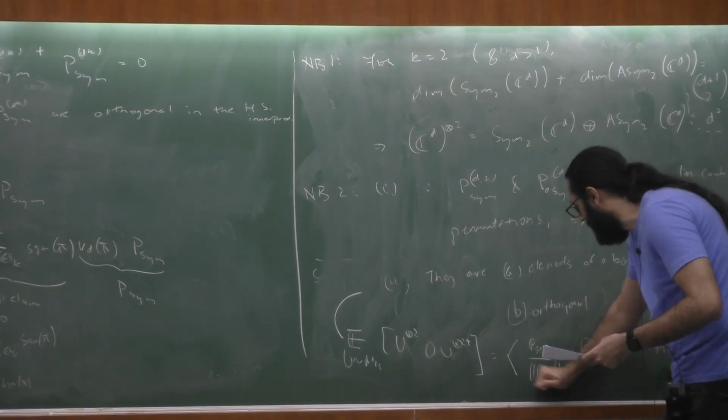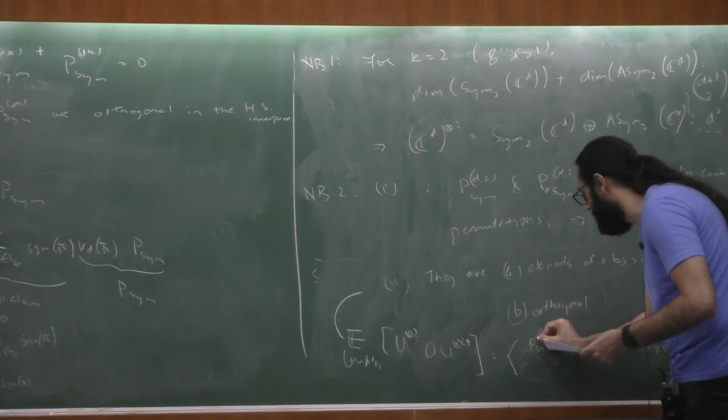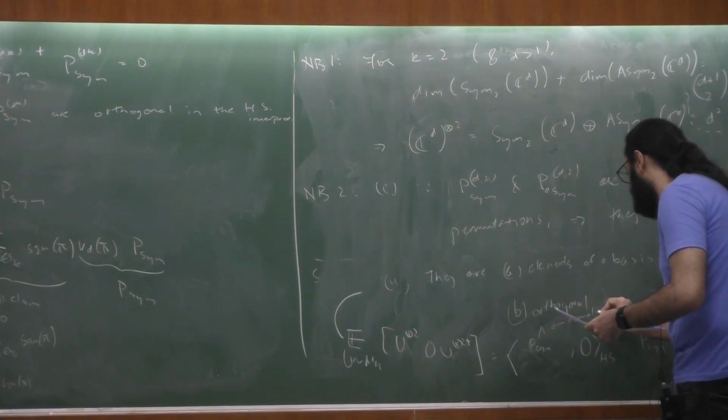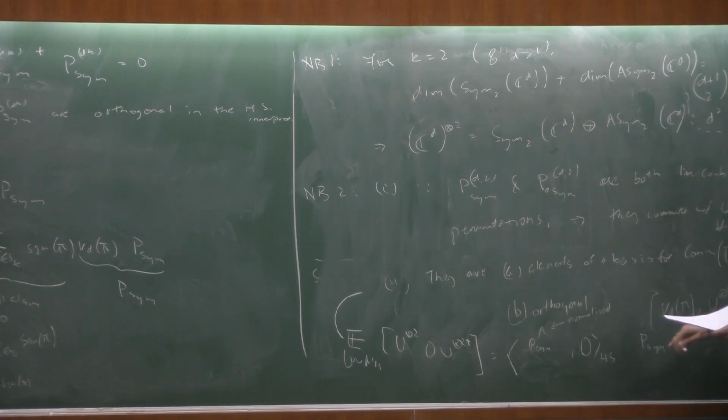Let me just write the hat. Symmetric hat basically means this is normalized. So you can take the inner product of the observable with your symmetric projector, plus you can write the antisymmetric projector, Hilbert-Schmidt norm, multiplied by P hat antisymmetric.